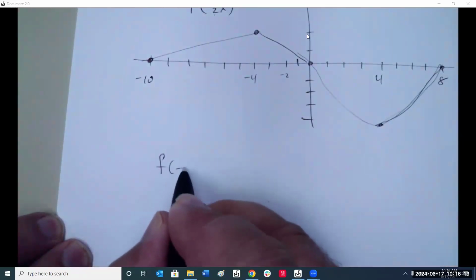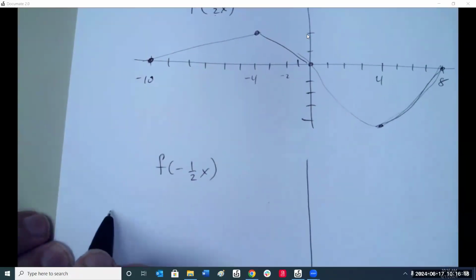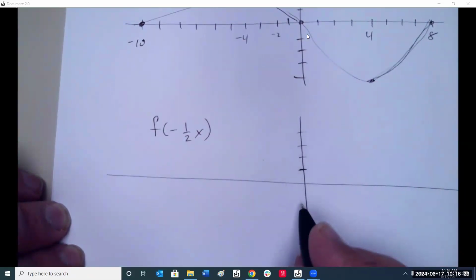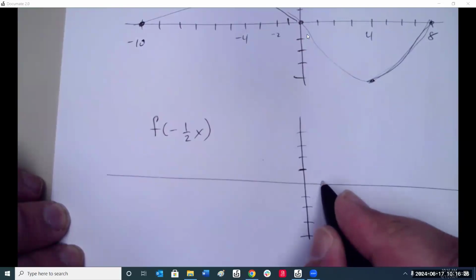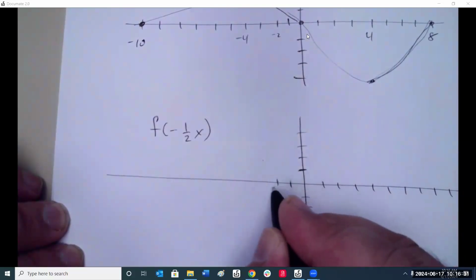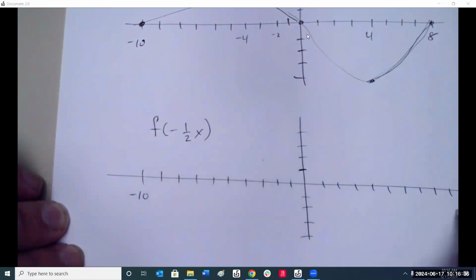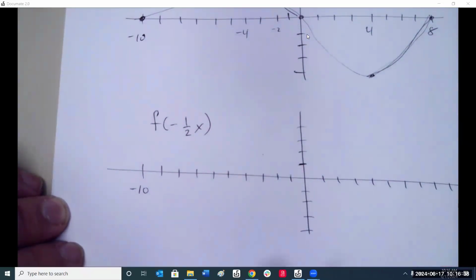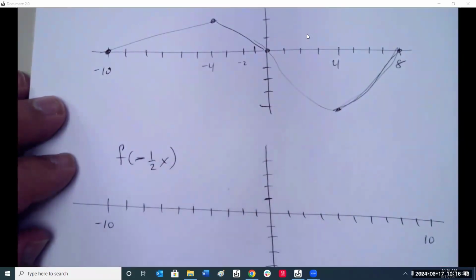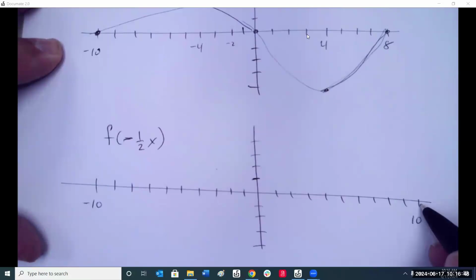Now, what does this tell me to do? Since there's a negative inside here, I flip across the y-axis. This -10 becomes a +10.